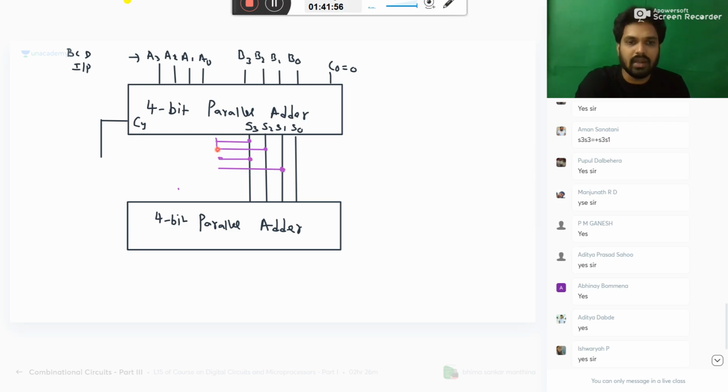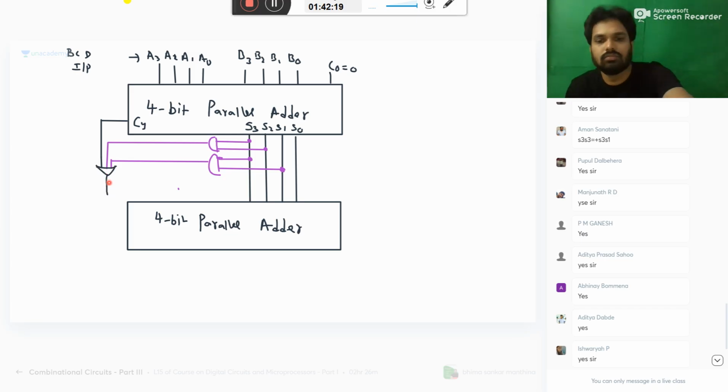So take one AND gate, another AND gate, and also the carry. So three of them you give to the OR gate.